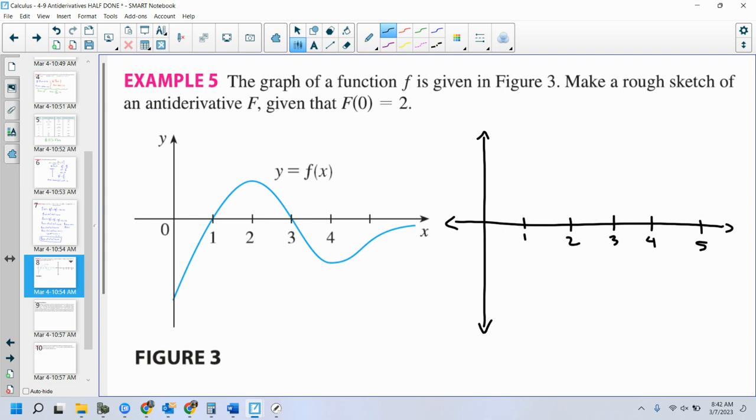Oh, that's the antiderivative, right? Work backward, okay? All right. What do these points tell me? What are those points on the graph of the original? Like, what's happening at 1 and 3 of the original?